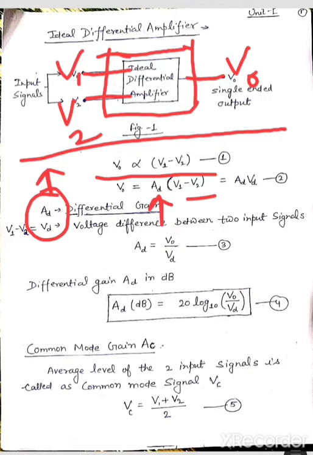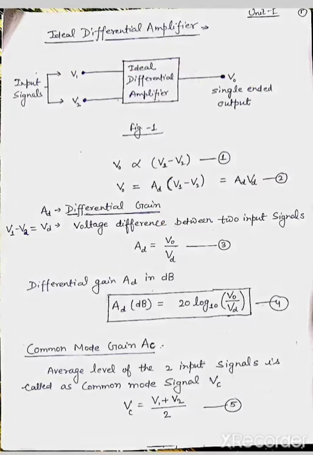So AD represents the differential gain, and if we represent the difference between the input signals V1 minus V2 by VD, then this can be represented in this form as AD times V1 minus V2 equals AD VD.